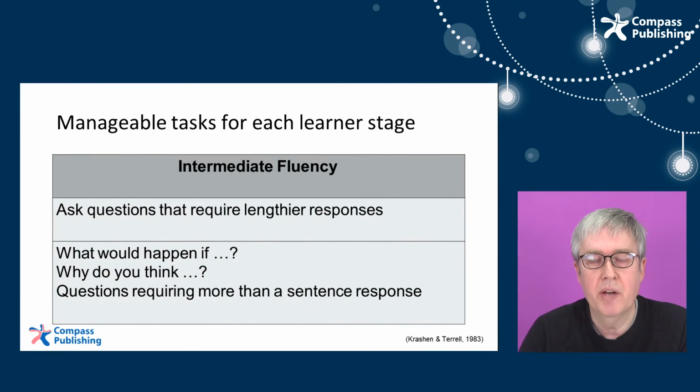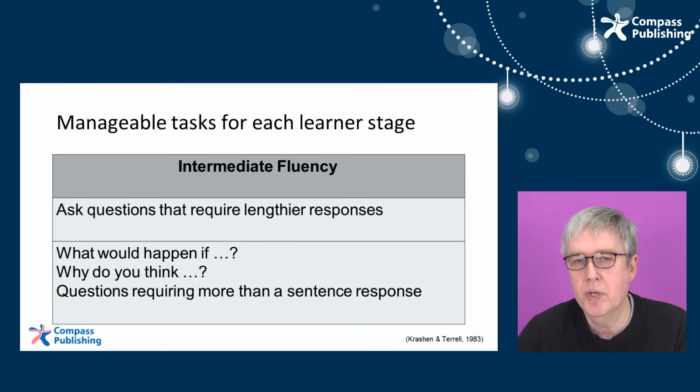For students that have entered the early to intermediate fluency stage, we can ask them questions that require lengthier responses, like maybe hypothetical questions: what would happen if something? Or what do you think about this? Or what do you think would happen if this? These are questions that require more than a 1-sentence response, so a little bit more complexity.